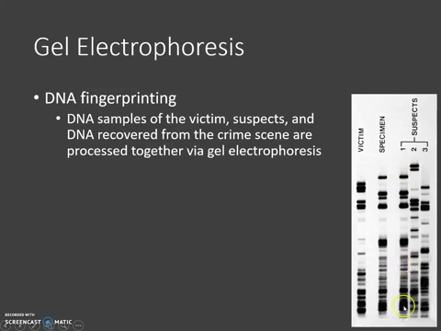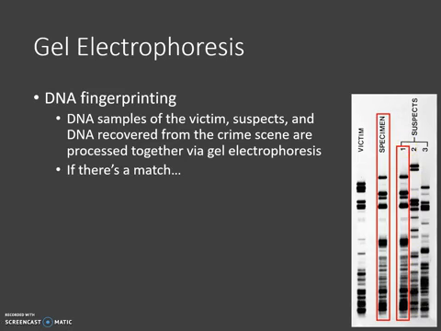So this could be used as evidence in court to try to get suspect number one convicted of the crime. If there's a match, it's not 100% proof, but it's pretty strong evidence that suspect number one was at the scene of the crime.